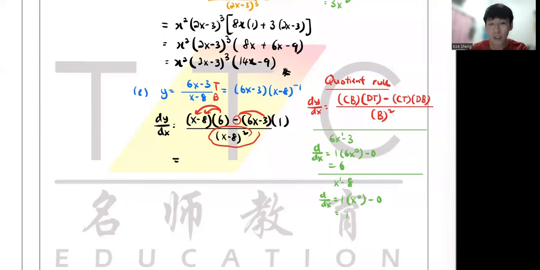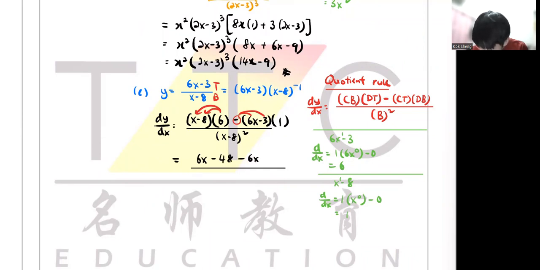No need to expand the bottom. 8, 6, 48. Negative 6x, negative 3. Negative 48 plus 3 is negative 45, if I'm not mistaken. So x minus 8 squared.